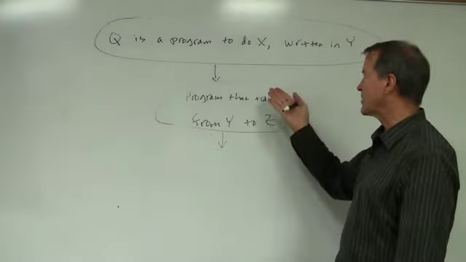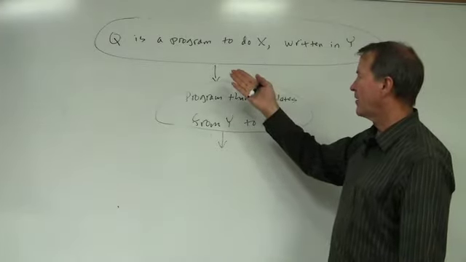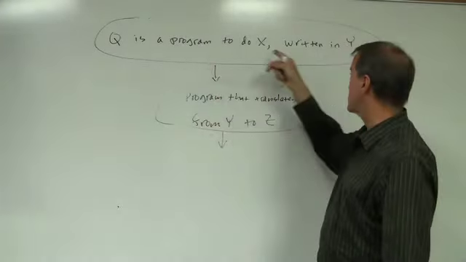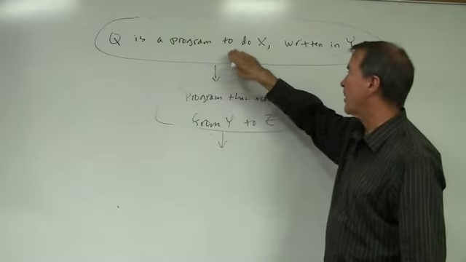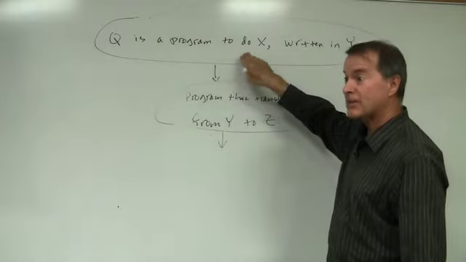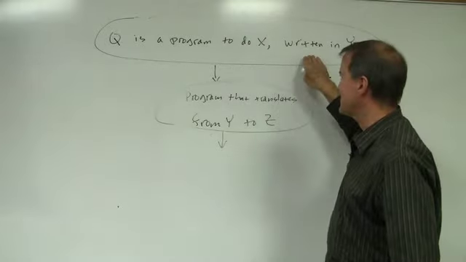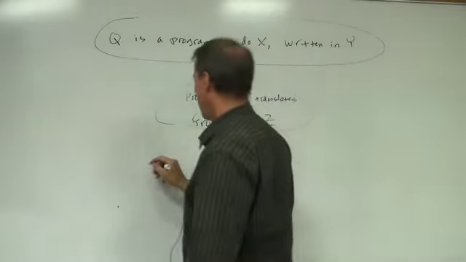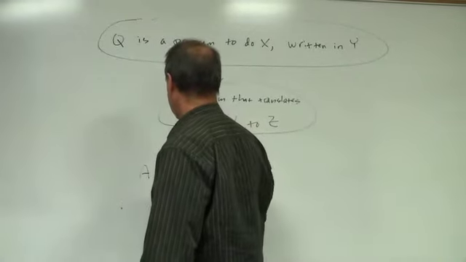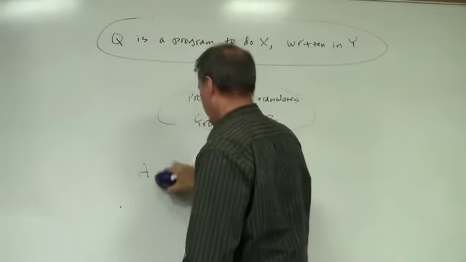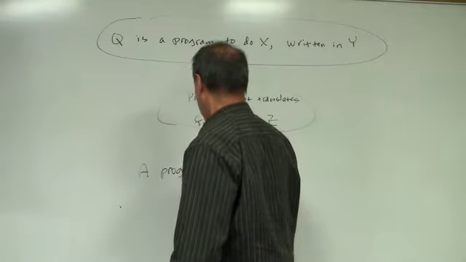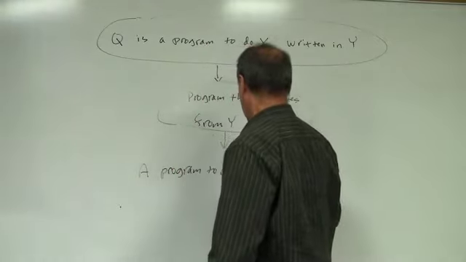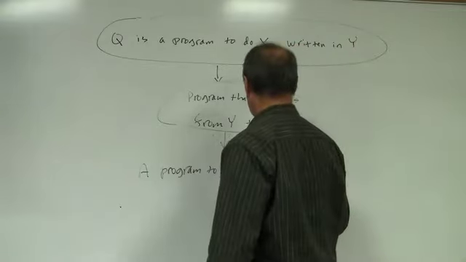Tell me in English what's going to come out. Q? No, it won't be Q anymore because Q is written in Y. But what will come out? A program that does X. That still does X, but it's written in Z. A program to do X written in Z.